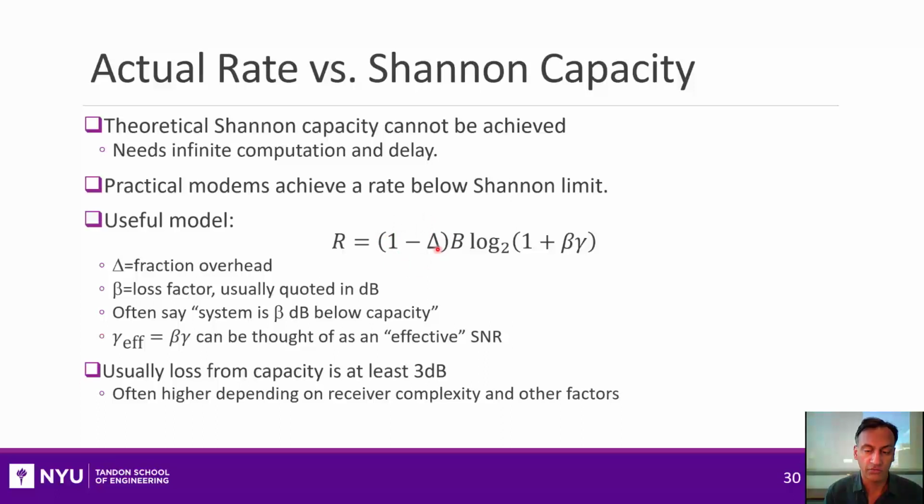That can occur physically because there may be overheads like pilots or other guard intervals in the system, as well as a decrease in the SNR by this factor beta here, and that can be due to receiver imperfections. And usually the capacity loss is typically at least 3 dB in most practical systems, particularly, say, in the cellular space.